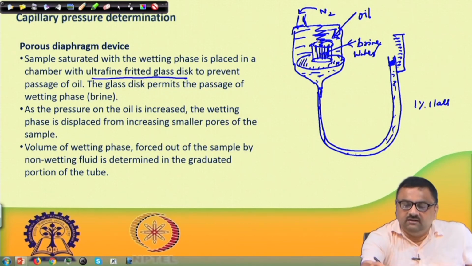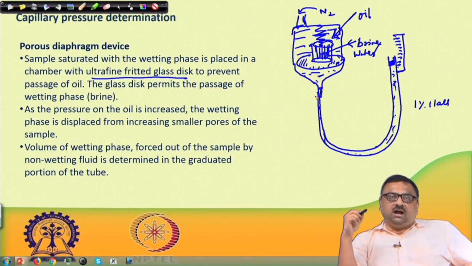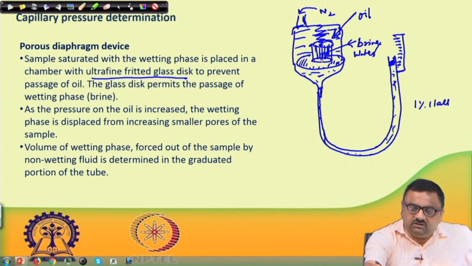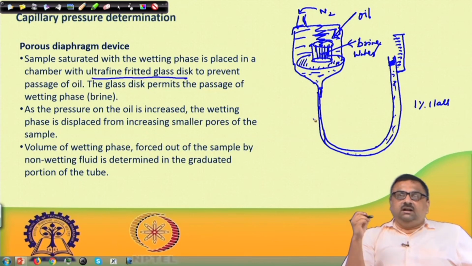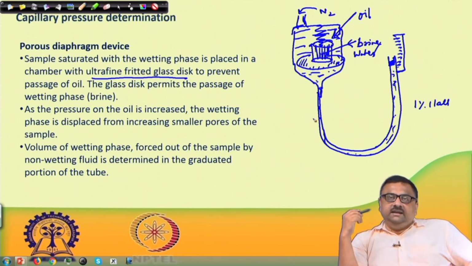So when oil gets into this pore, the water comes out, and that water can be drained through this ultrafine fritted glass disc. As the pressure on the oil is increased, the wetting phase is displaced from increasingly smaller pores of the sample. Wetting phase is water or brine that is displaced.